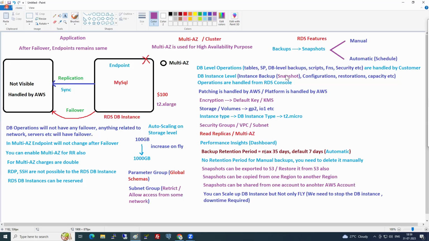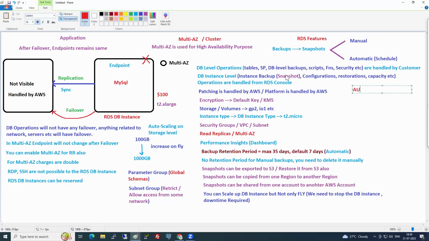And which is the AWS proprietary engine? Aurora.